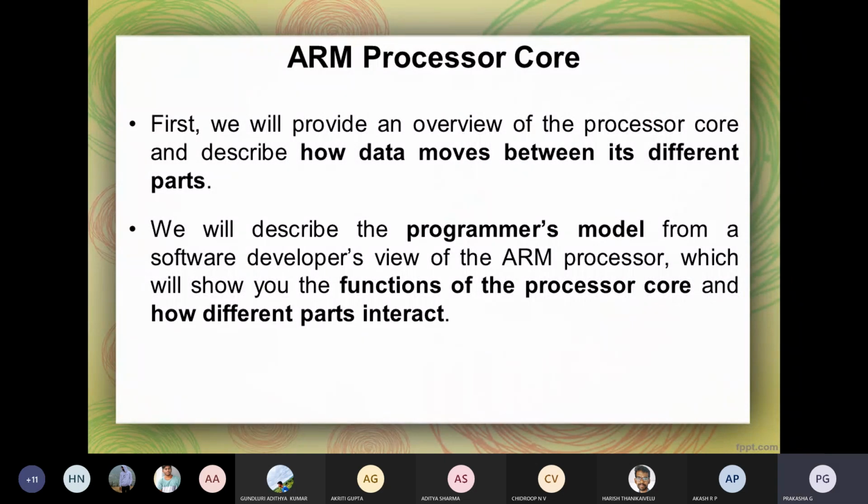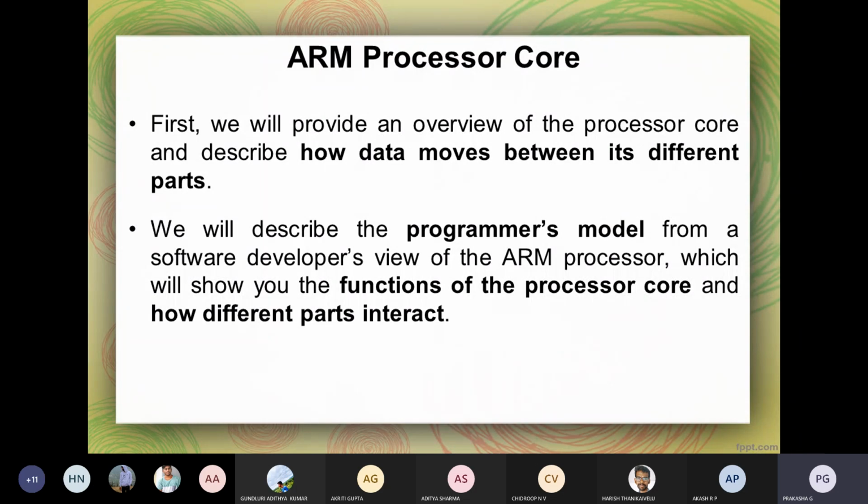How is the data going to move between the different parts of the processor, and how is it going to be processed? Assume that I am giving some data to the processor, it takes that data, processes it, and provides the results. Till there, how it's going to work, that is the discussion we are going to do.